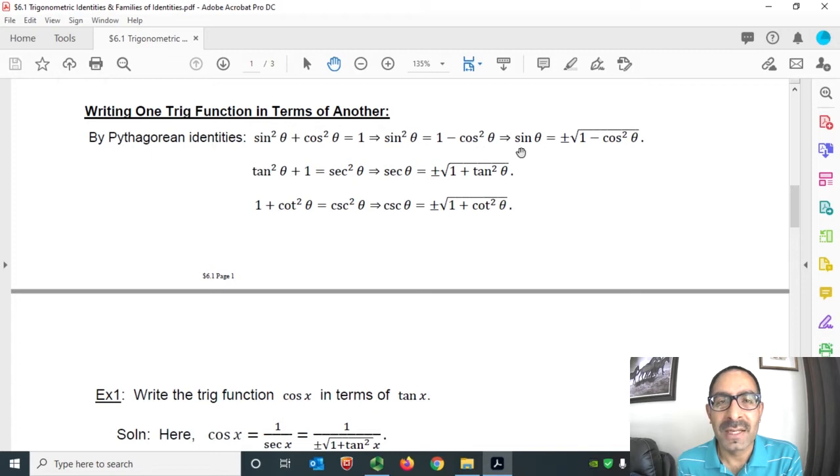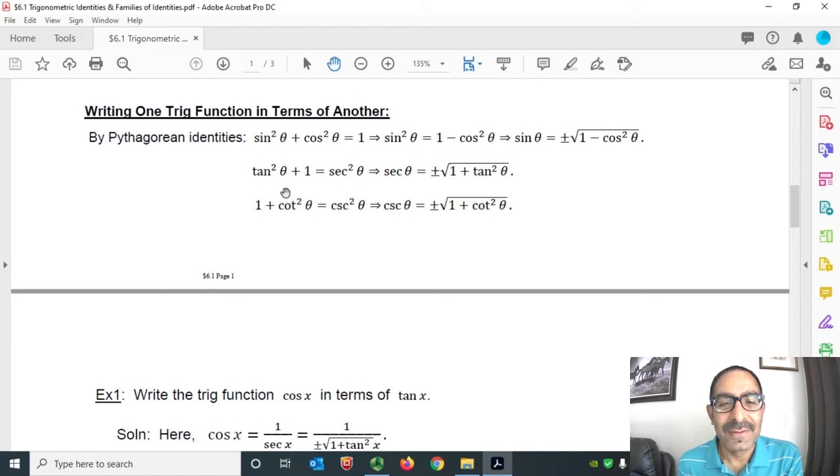So sine theta turns out to be plus minus radical 1 minus cosine square theta. Similarly, in this Pythagorean identity, if we subtract sine square theta, then cosine square theta equals 1 minus sine square theta. Then we can take the square root, and we will get cosine theta equals plus minus radical 1 minus sine square theta. Great.